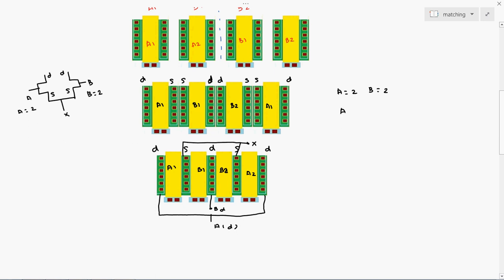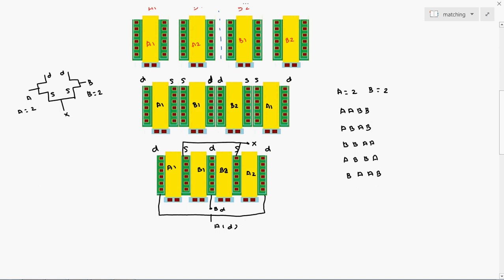See, A, B, B is one pattern, and then A, B is one more pattern, B, A is one more pattern, or else we can go for A, B, A, and then B, A, B. Likewise we can draw n number of patterns.